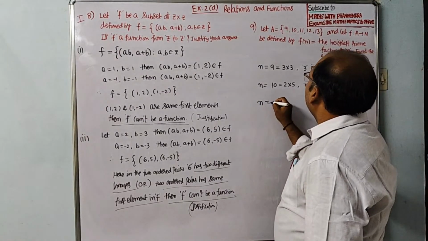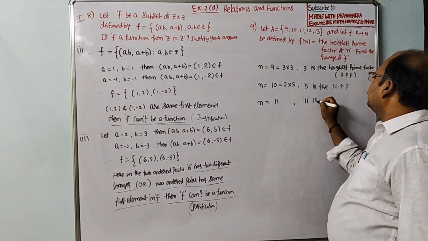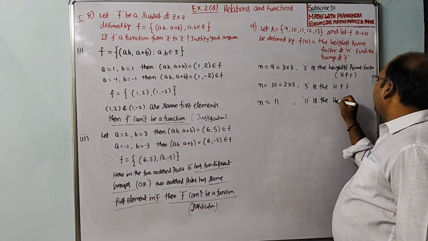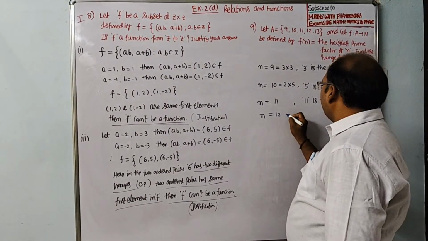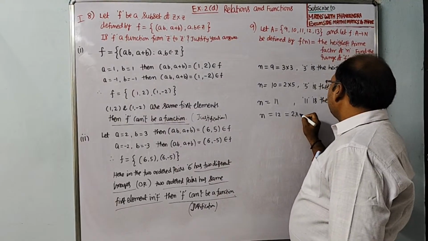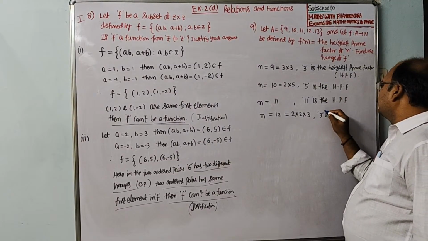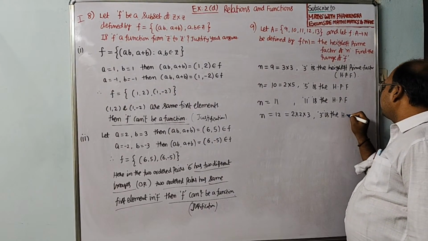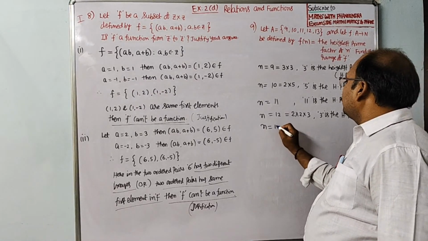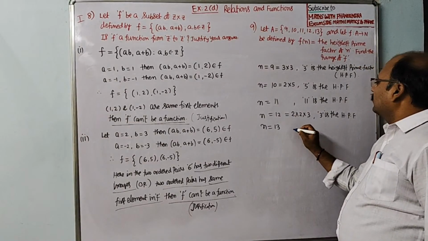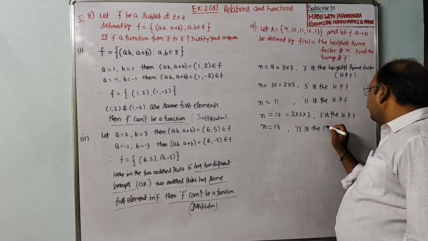If you take 11, 11 itself is a prime number, so 11 is the highest prime factor. Next, N is equal to 12. We can express 12 as 2 into 2 into 3, so 3 is the highest prime factor. Next, N is equal to 13. 13 is the highest prime factor.